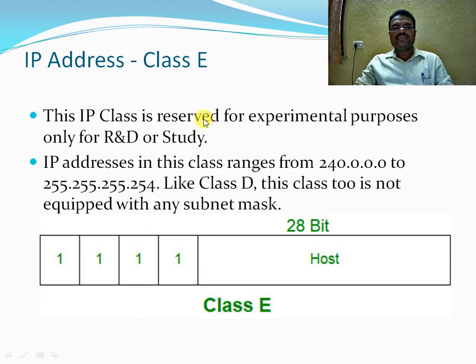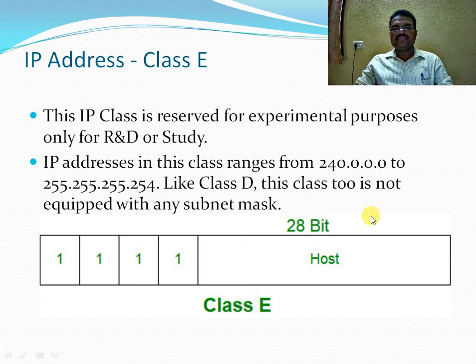This IP address class is reserved for experimental and R&D purposes, research and study. IP addresses in this class range from 240.0.0.0 to 255.255.255.254.